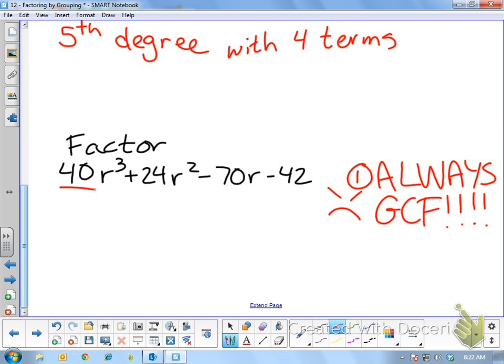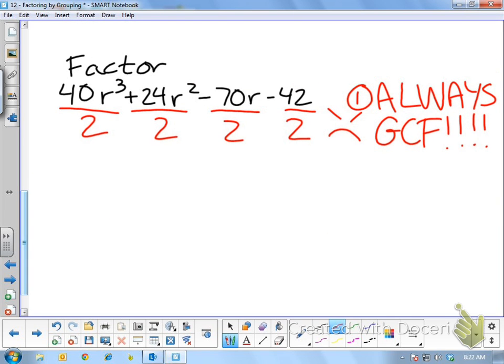So we definitely use 2. I also check for a variable. Does every term have a variable? No. So we just use 2. So we divide everything by 2. That should be the first thing you do with any factoring problem.